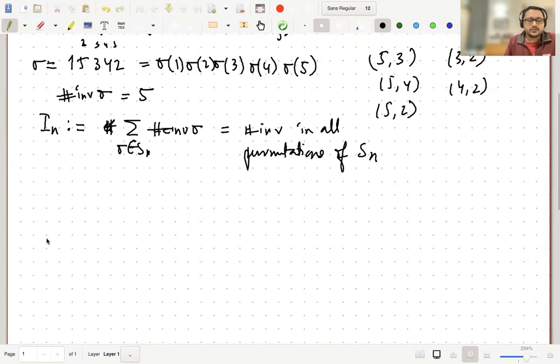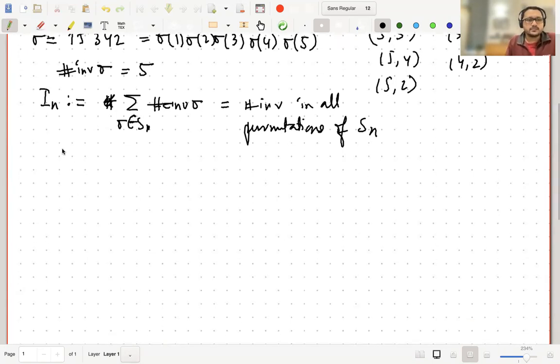So we can find a recursive formula as well as a proper explicit formula for I_n. First, let me state the recursive formula. I'm not going to prove it, let me just write down the formula first.